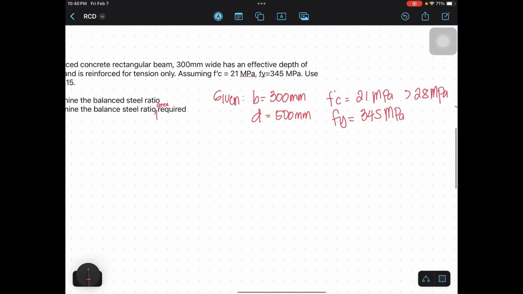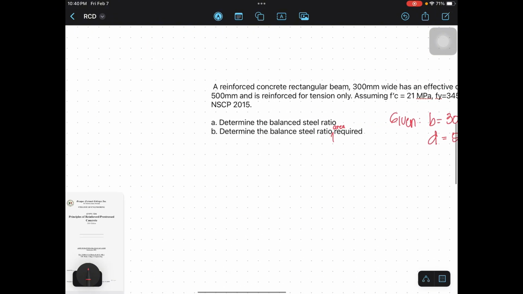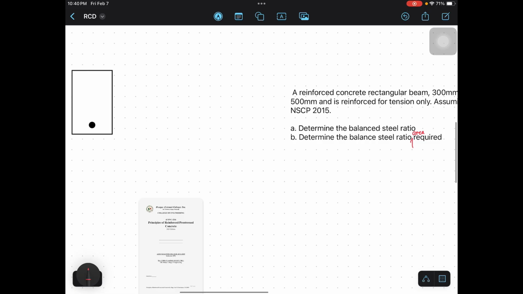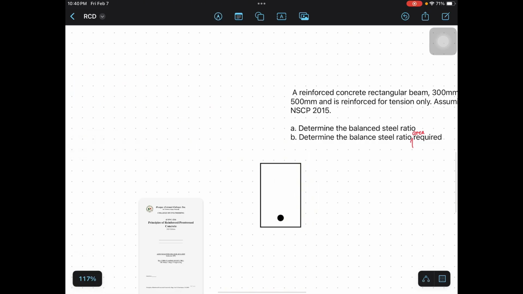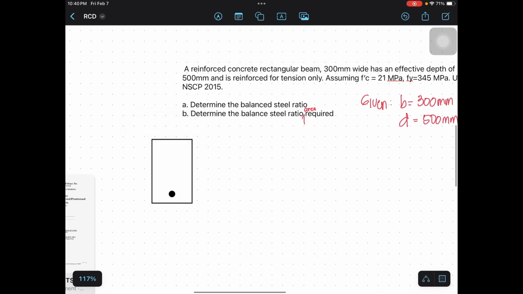Okay, so if we're going to illustrate the section, we have 300 millimeter and then with reference to the centroid of the reinforcements, ang ating effective depth ay 500 millimeter.